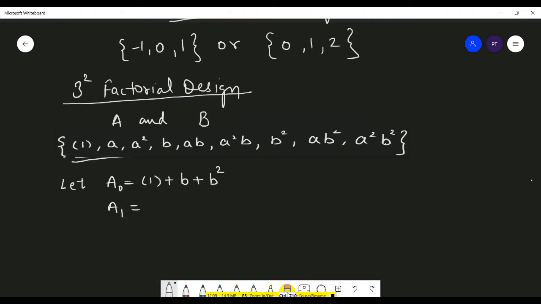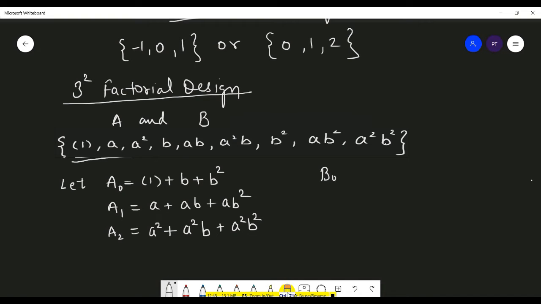A1 is the sum of all the observations when factor A is at intermediate level. So this is the sum of a plus ab plus ab square. And A2 is the sum of all the observations when factor A is at high level. So it is the sum of the treatment combinations a square, a square b and a square b square.